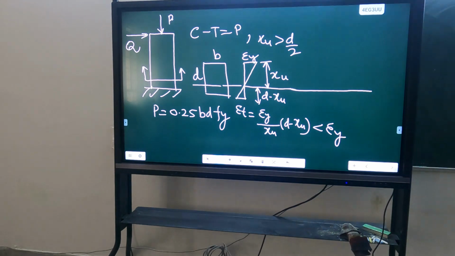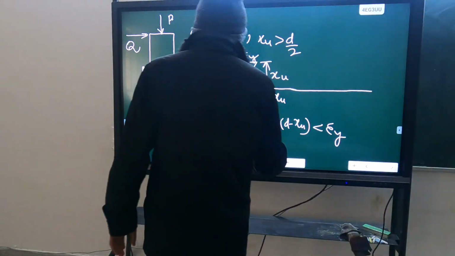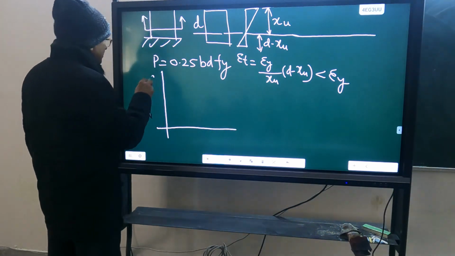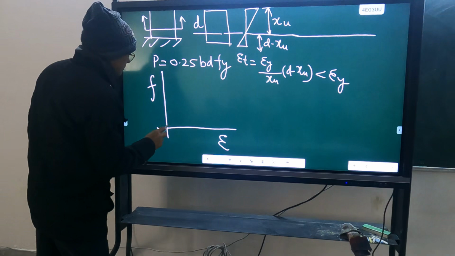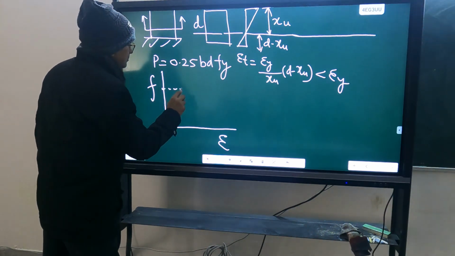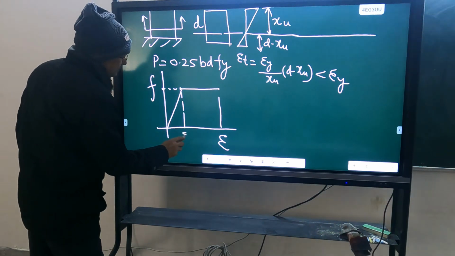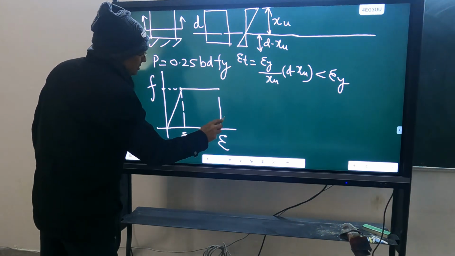So when strain is up to yield strain or less than yield strain, up to epsilon y, the stress strain curve is linear. So this was the stress strain curve which we have used, the simplified stress strain curve.